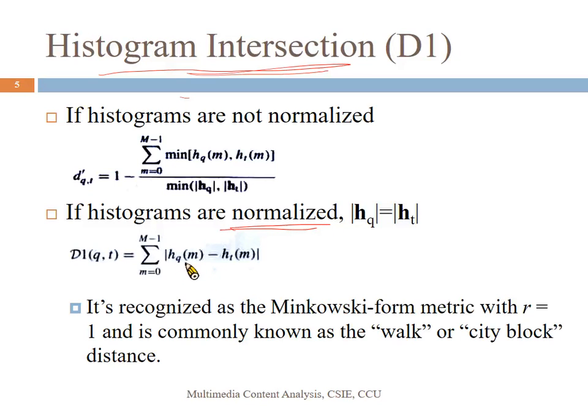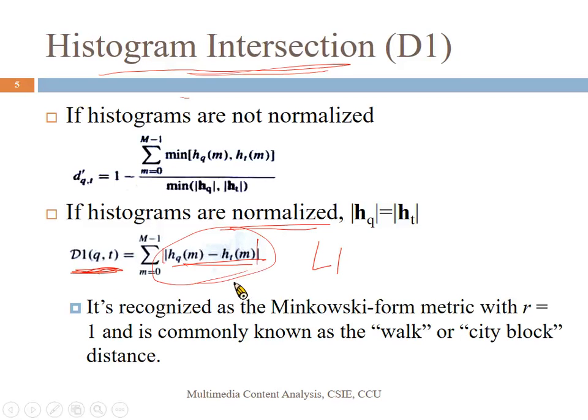So we simply calculate the difference bin by bin and take the absolute value and then sum them together. So this is the so-called L1 distance.